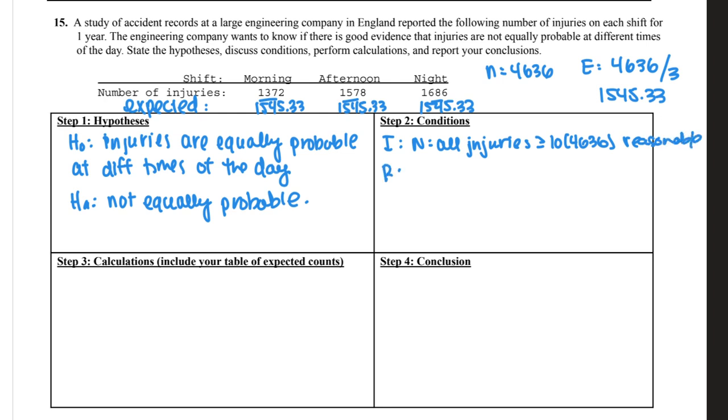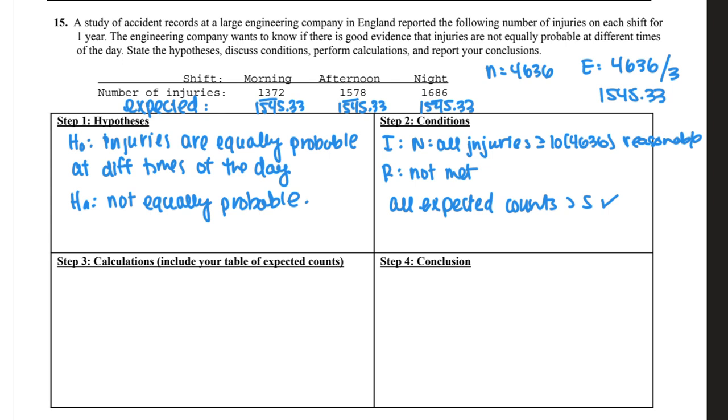For the random condition, like I told you in class, this problem doesn't state that they only did a random sample, but for this particular case, we'll just say it's not met, but that's okay. I'm still going to have you do the conditions. Like I said on the test, it'll be more obvious that that condition is met. And then the last condition is that all expected counts are greater than 5, and that is true.